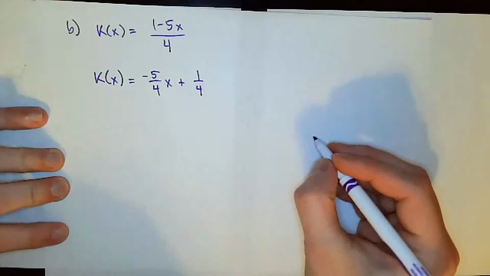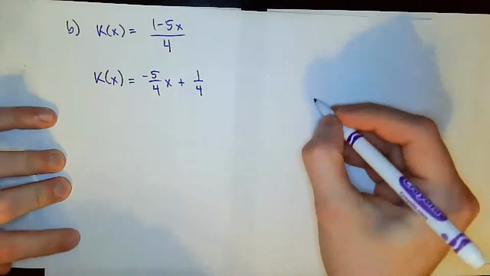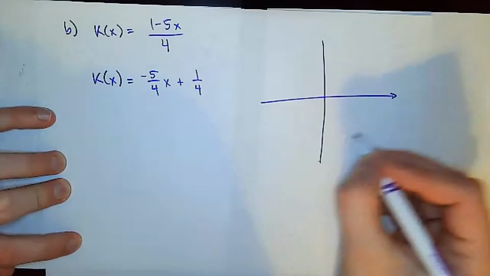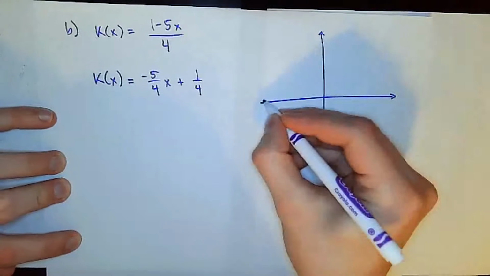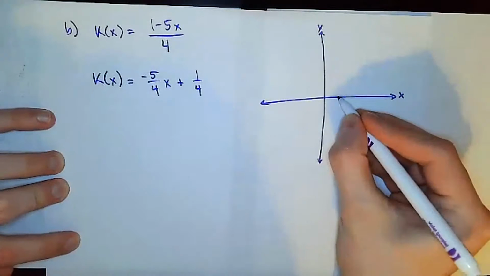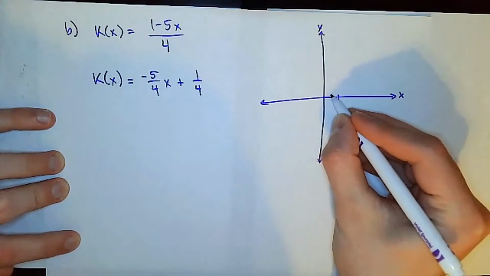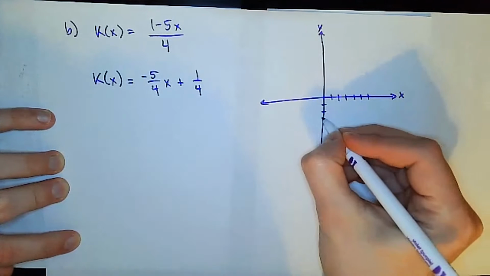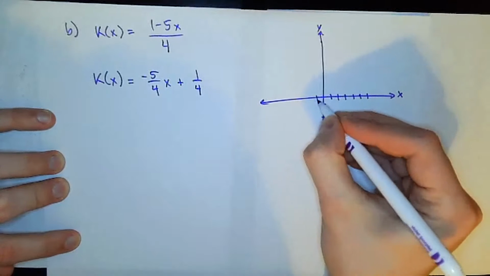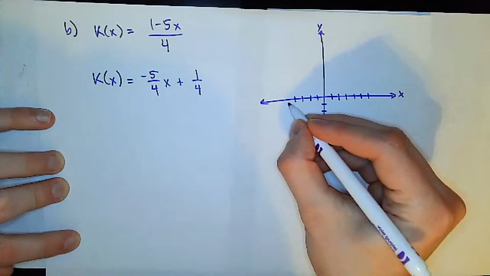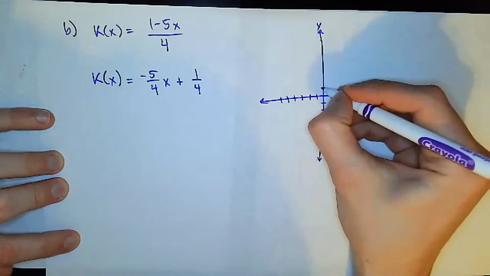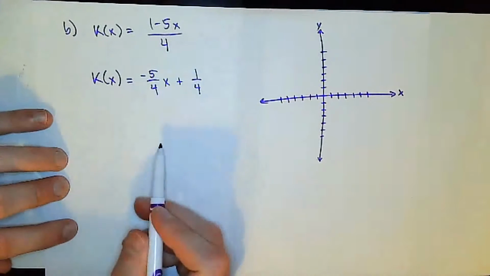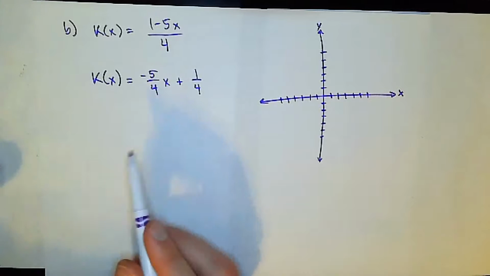Okay, so if I go to graph this, I've got fractions to graph, but that's okay. I think I can manage. Looking at that slope, I see that rise over run is negative 5 over 4.